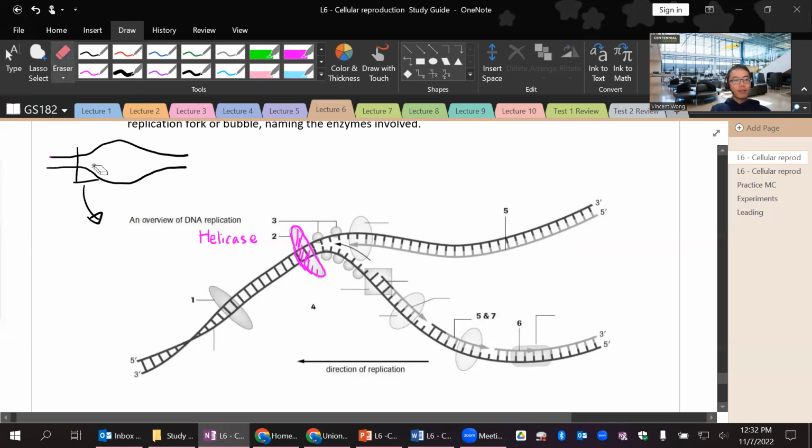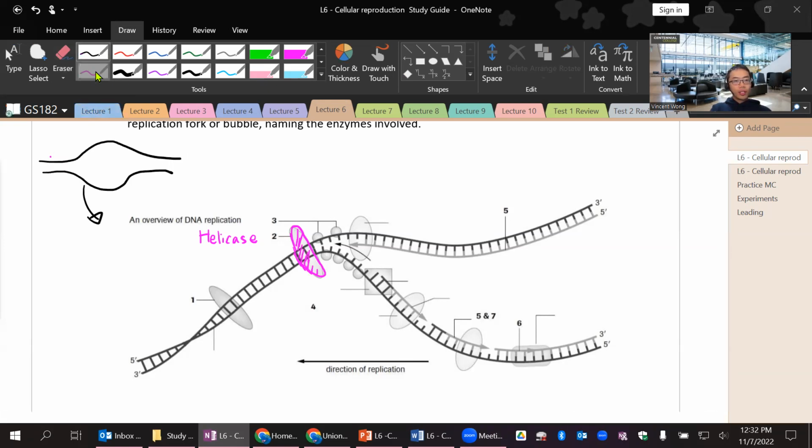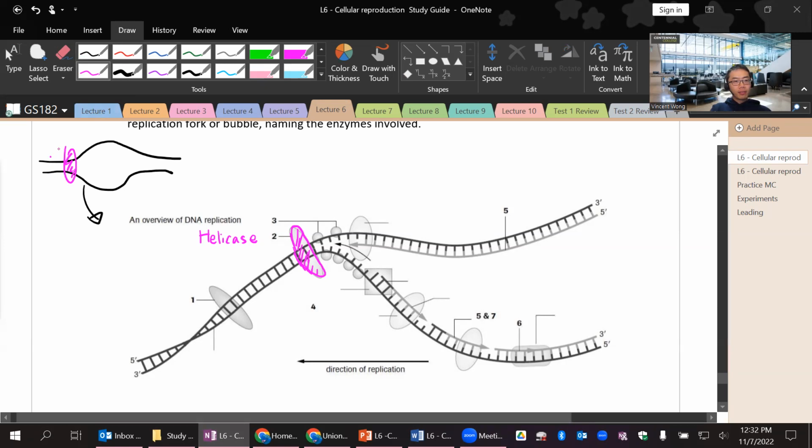Okay, so you would have a helicase over here on one side of the fork that's going this way, and you would have another helicase on the other side. And as they move away from each other, they're going to be opening up the double helix. So you can gain access to the nucleotides.